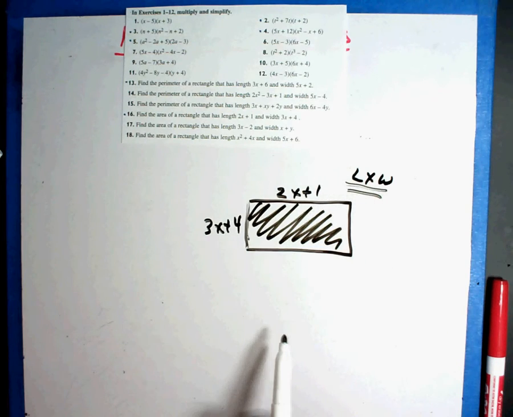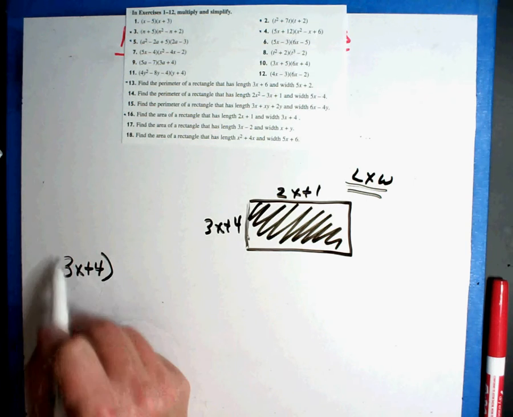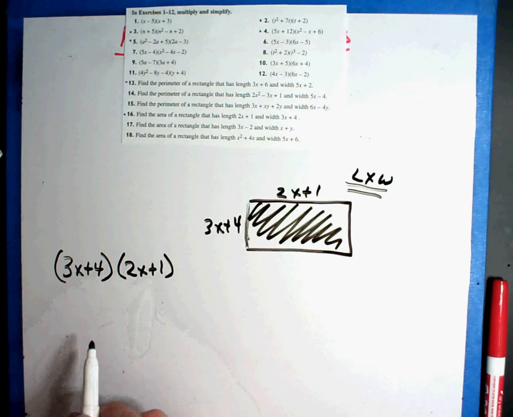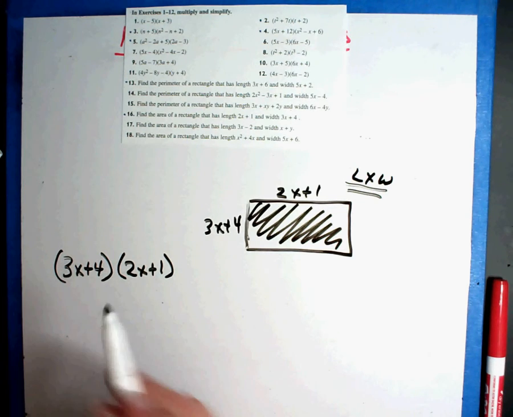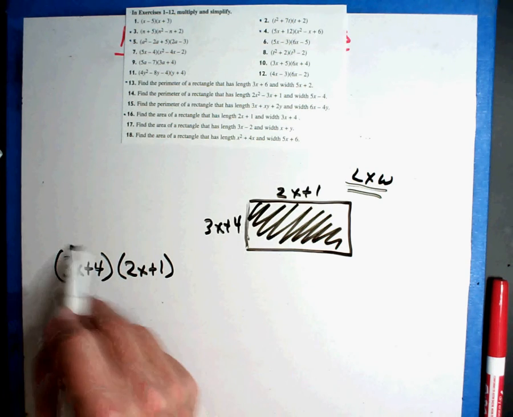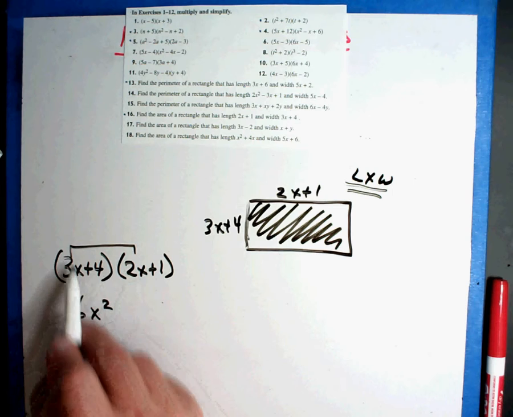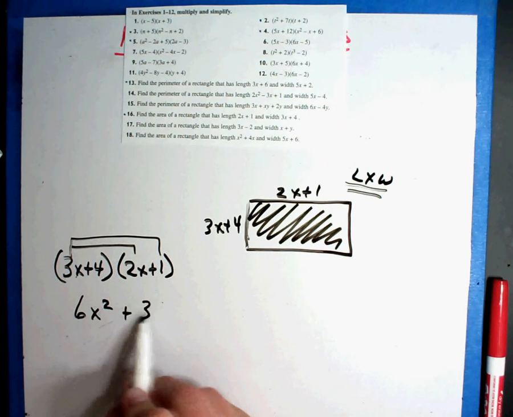Length times width. So to do this one, it's going to be 3x plus 4 times 2x plus 1. Oh, we know how to do this. When you're multiplying, it's the first times both of the others. Okay, we know how to do this. So the first one is 6x squared. And this one is going to be 3x times 1 is just 3x.